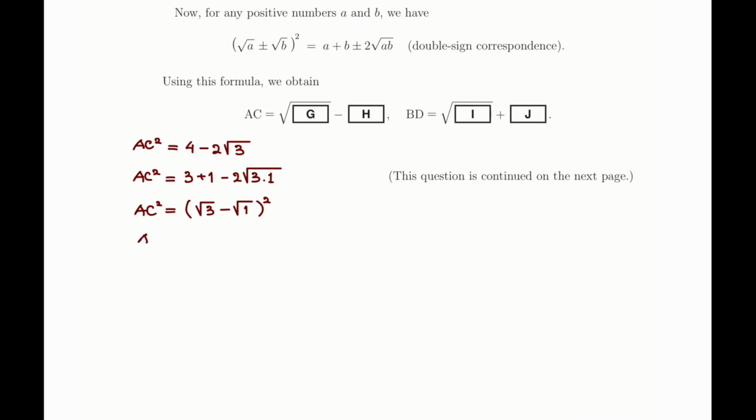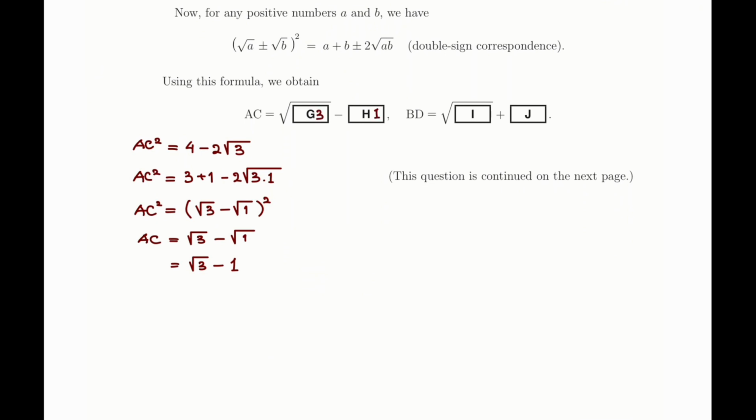That means you can cancel out the squared here. Then you will get AC is square root of 3 minus square root of 1, which is square root of 3 minus 1. So G is equal to 3 and H equals to 1.